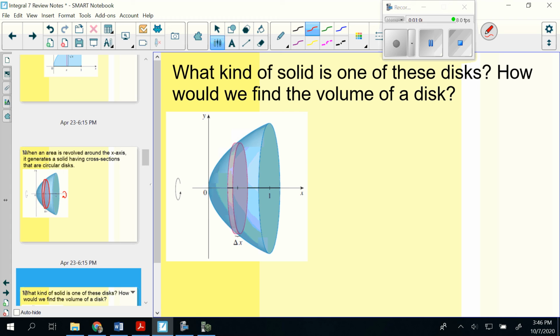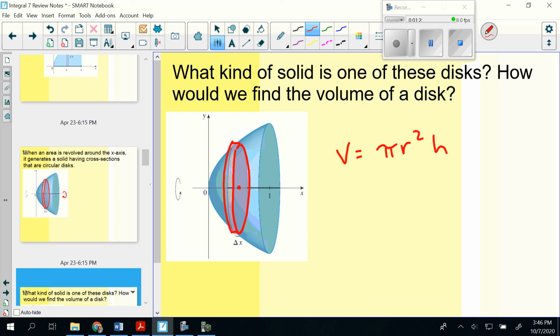Well, we would need the area of this shape, which is kind of skewed there, but it's a circle. And we know area is pi r squared for a circle. Then we'd multiply it by whatever the height would be. That's how you find the volume of a cylinder.